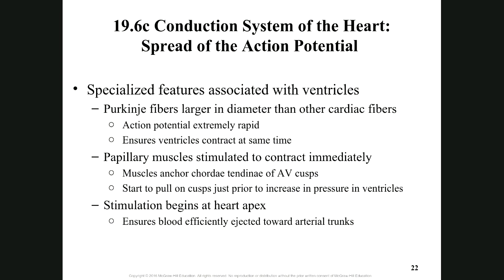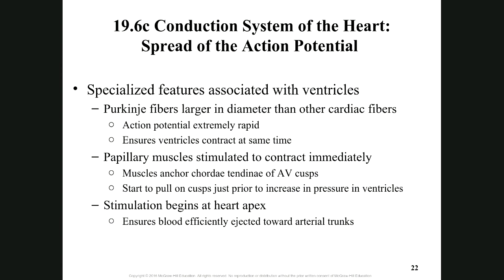And when our ventricle goes to contraction, the only way the blood can go is to the pulmonary trunk from the right ventricle and the aorta from the left ventricle.